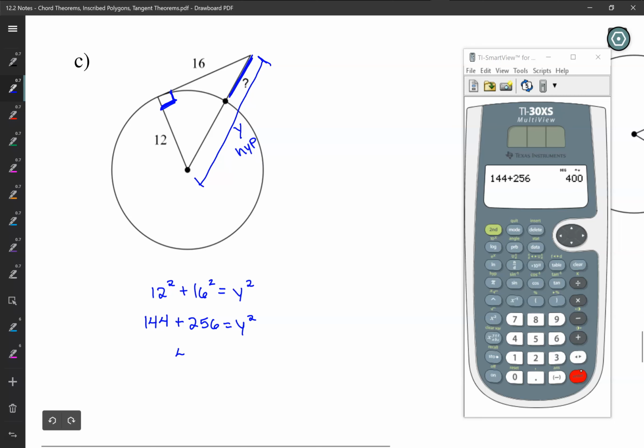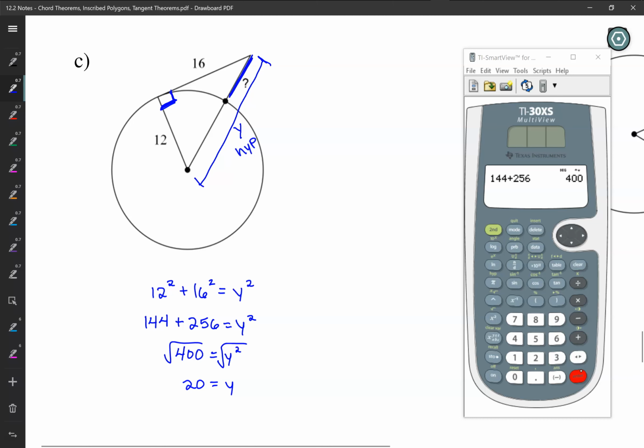That gives me 400, and the square root of 400 gives me 20. So y is 20.